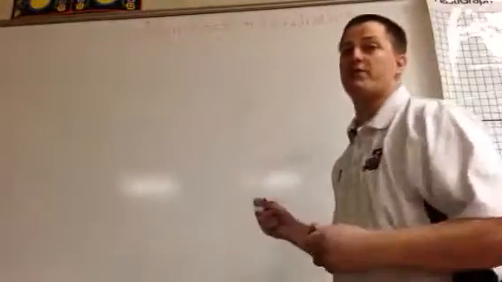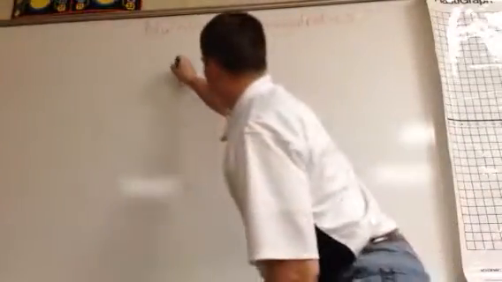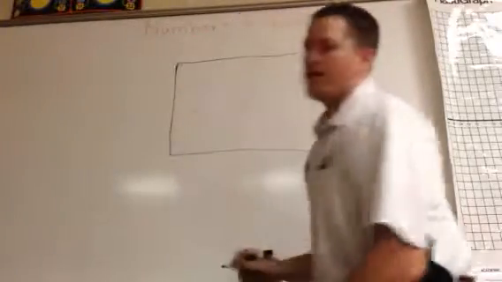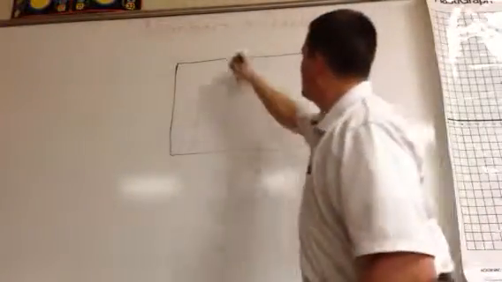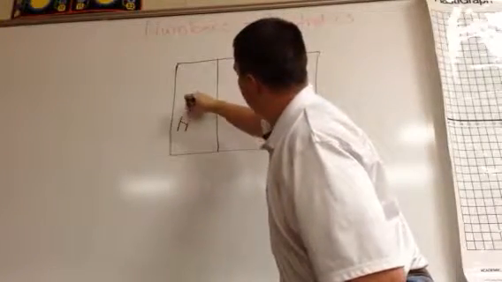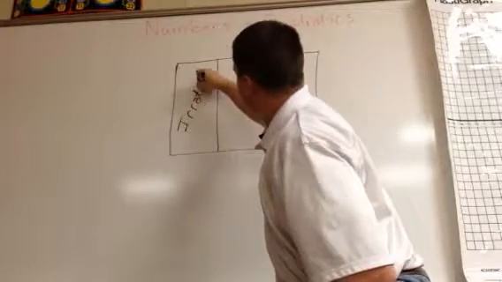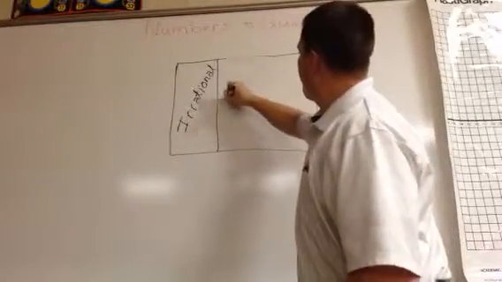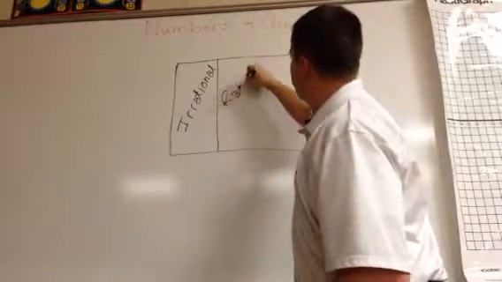We will first start with the real numbers. The real number system can be broken into two sections: irrational numbers and rational numbers.